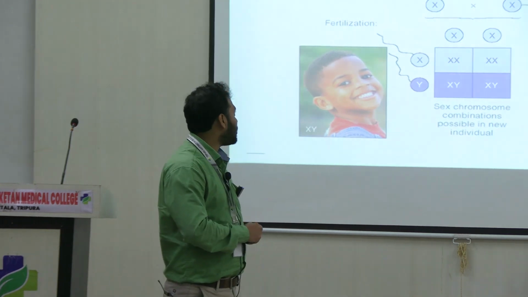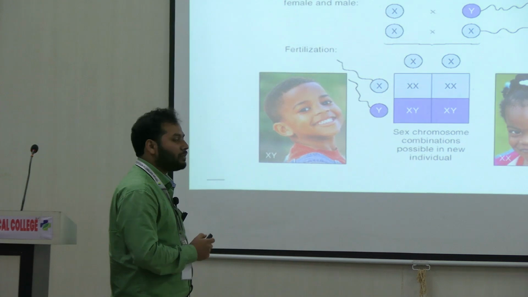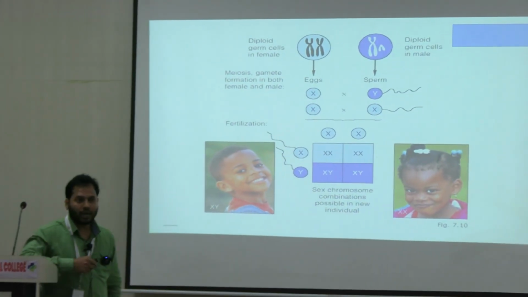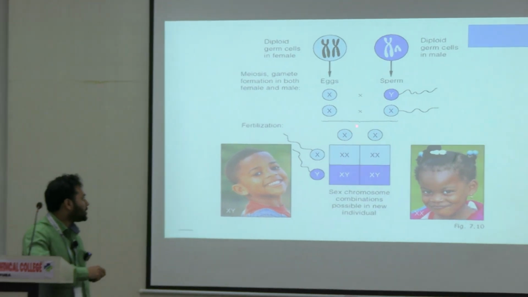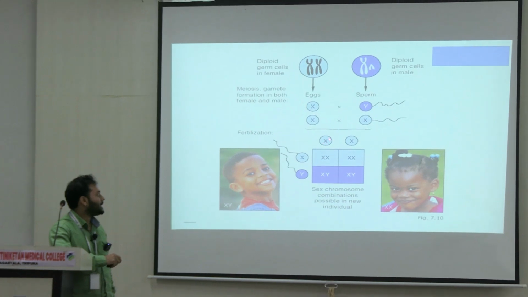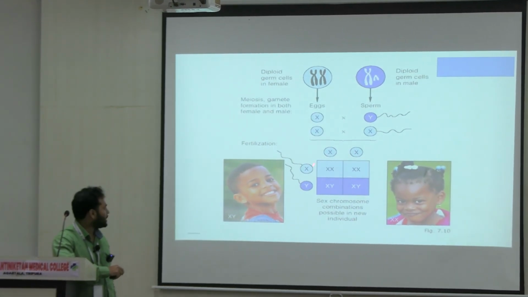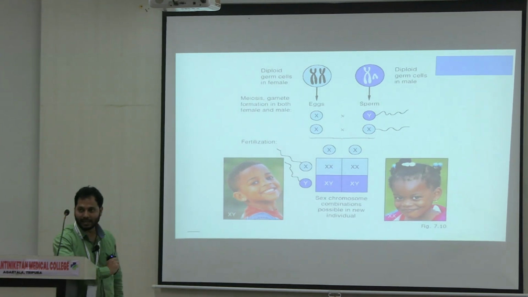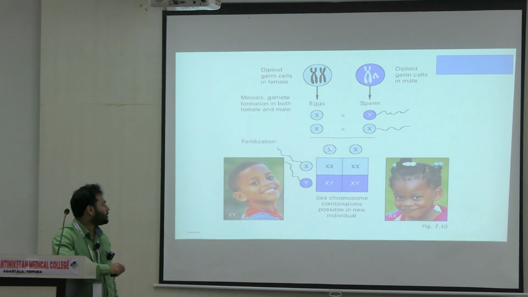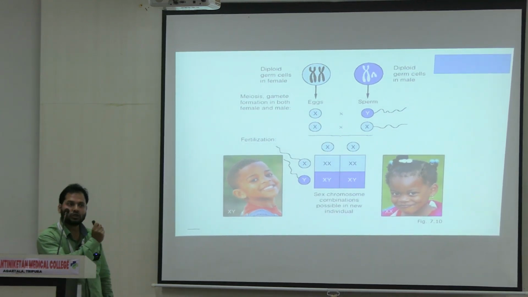Now, after the formation of the sex gametes, the next event is fertilization. Fertilization of both the egg cell and sperm cell ultimately gives the zygote. Here you can see the fertilization between the female sex gamete X with the male sex gamete X gives XX only. At the same time, when fertilization occurs between female X with the male Y, it gives XY.